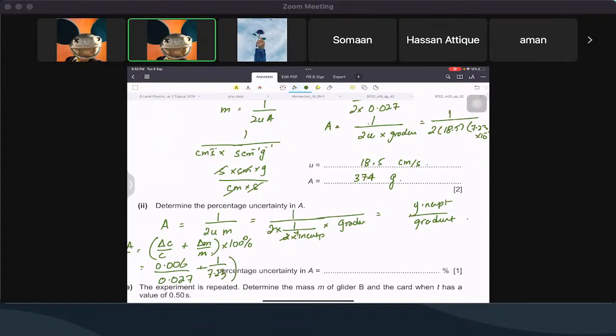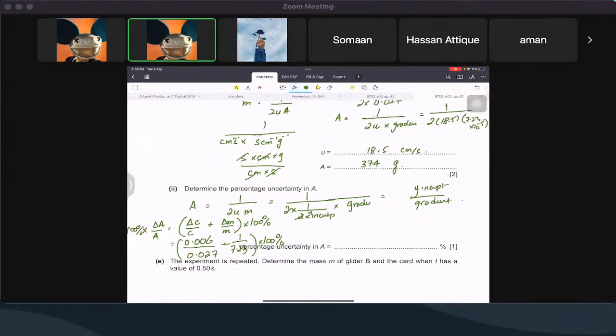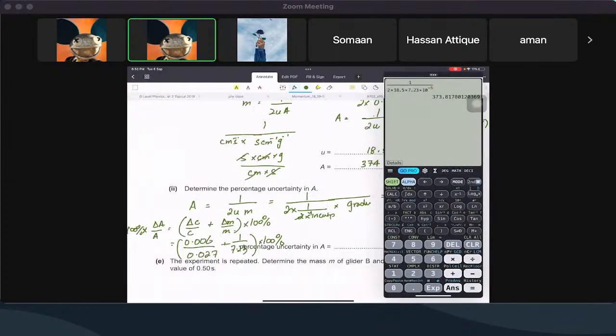I didn't write 10 raised to minus 5 because it would cancel above and below, so it doesn't matter whether you write it or not.